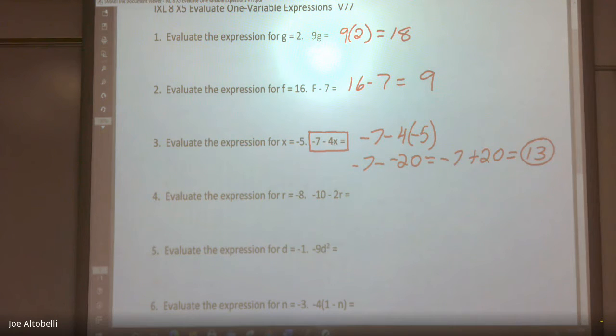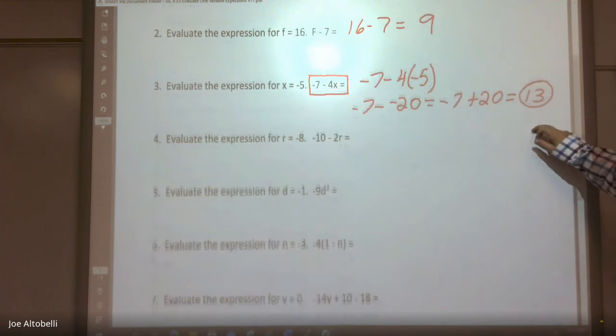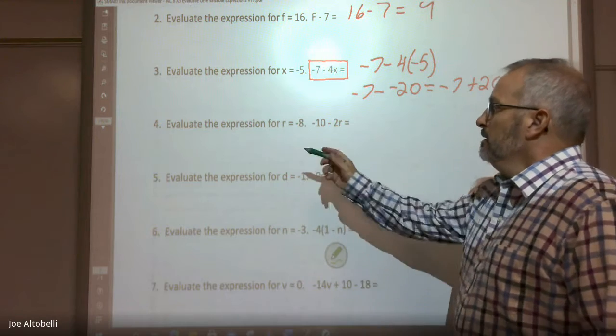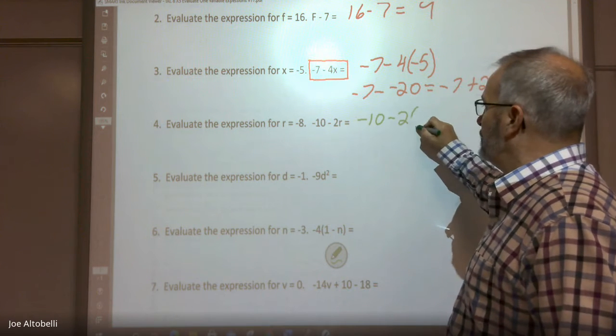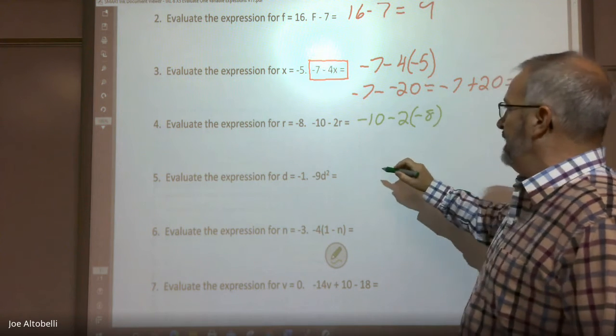All right, go ahead, number 4. R is a negative 8, so this is going to be a negative 10 minus 2 times R, which is negative 8.